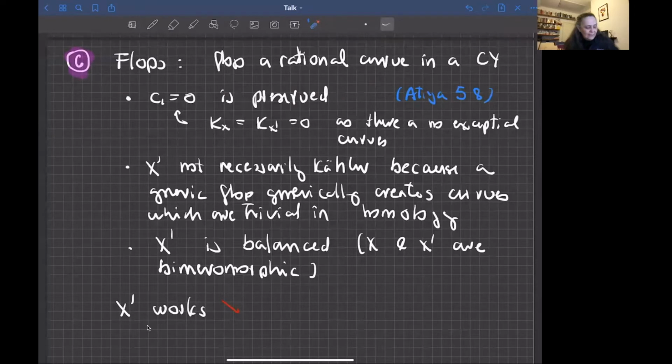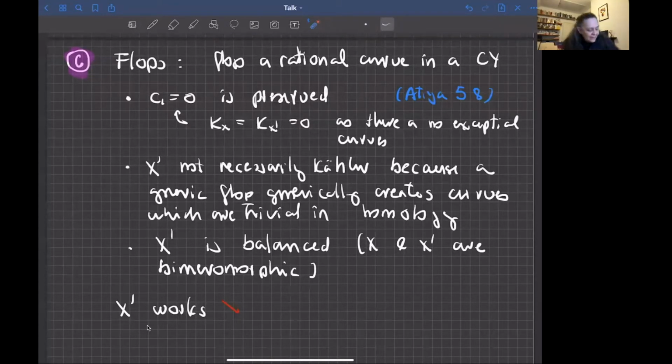You start with a manifold X, and you flop this rational curve, and now you get a new manifold X prime. What you find is that it's not necessarily Kähler, because one can prove that a generic flop creates curves which are trivial in homology.